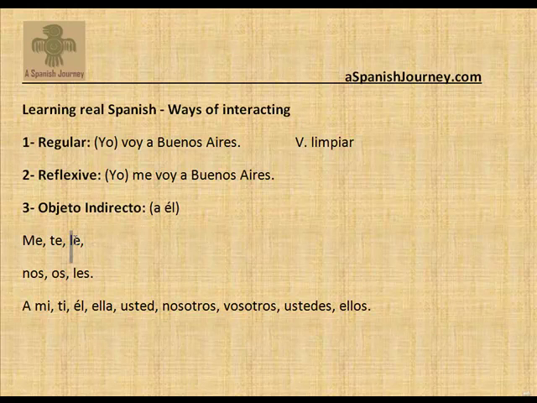Then I'm going to use the pronoun for him, which would be le. A él, le. And then I'm going to conjugate the verb according to me because I am doing the cleaning. So I'm cleaning. A él le limpio. So I'm going to write the thing I'm cleaning: la casa. So here, even though I'm not saying yo at the end, it is already implied in the verb. So I am cleaning the house for him.